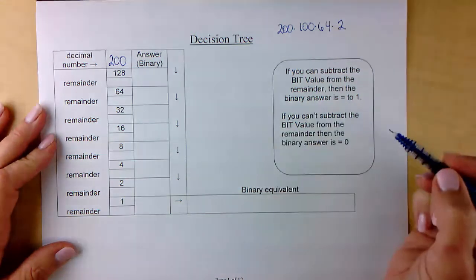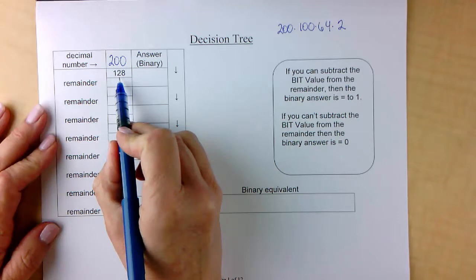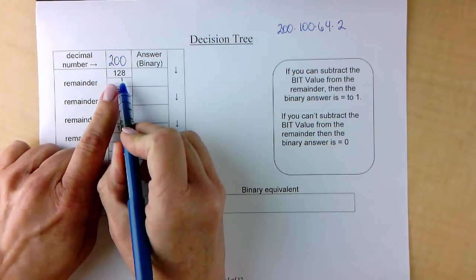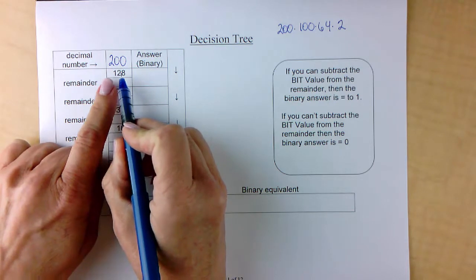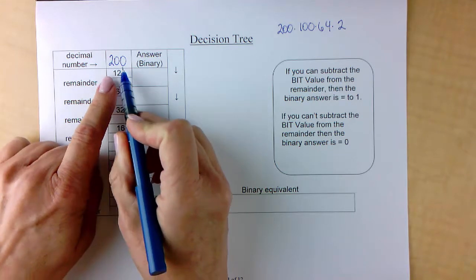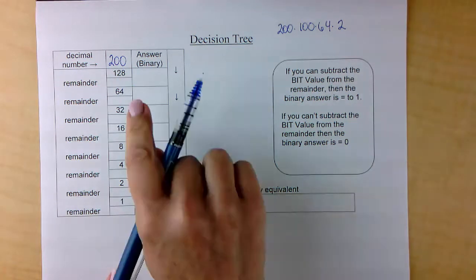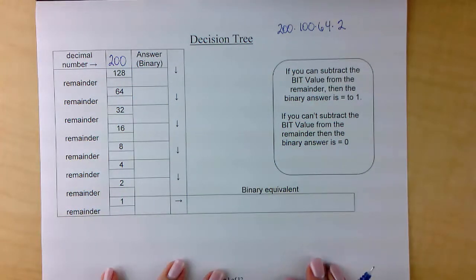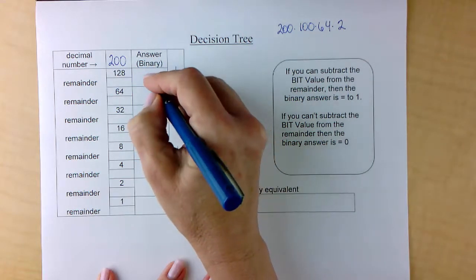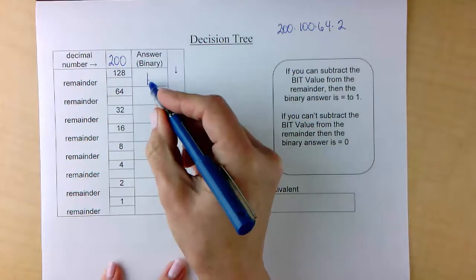All right, the way this is going to work is we're going to look at the bit value, starting with 128, and ask yourself, can 128 be subtracted from 200? Or will 128 go into 200? If the answer is yes, then that bit value is turned on. 128 can be subtracted from 200, so my bit value is 1, or my binary equivalent is a 1.